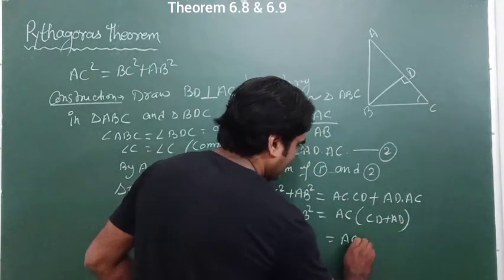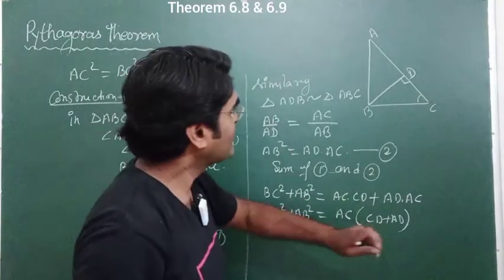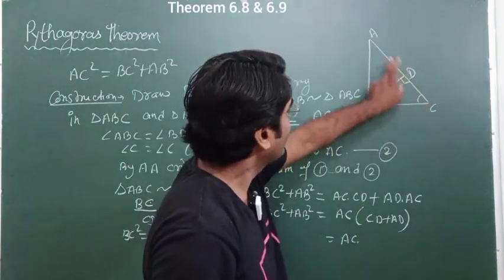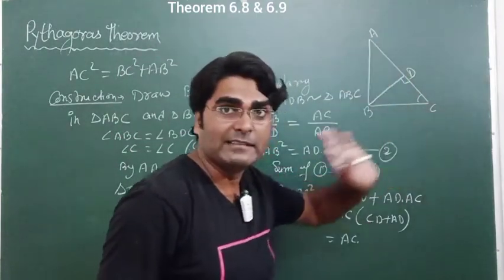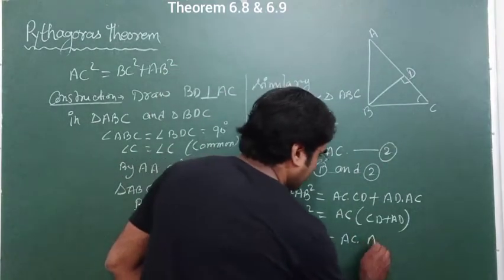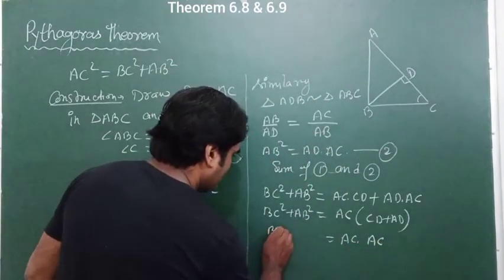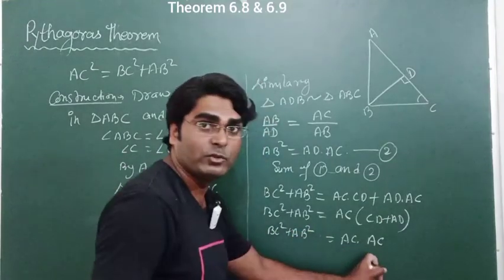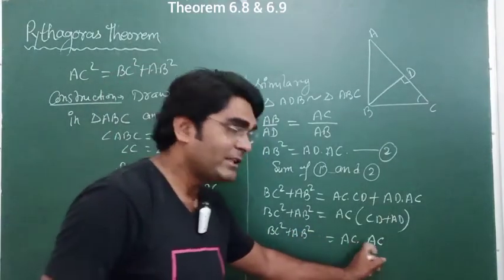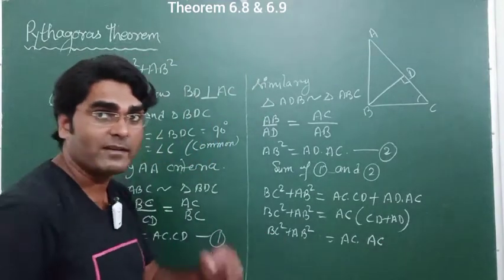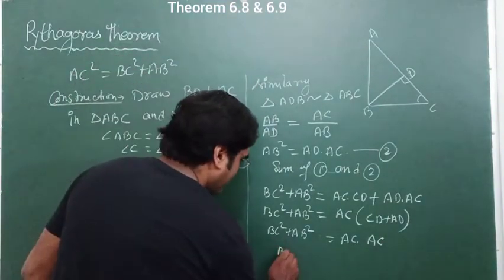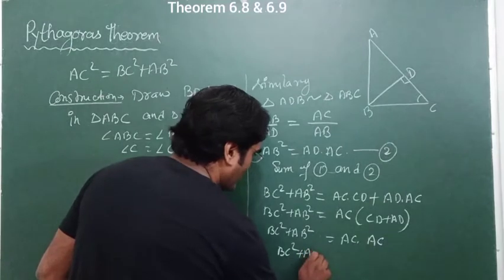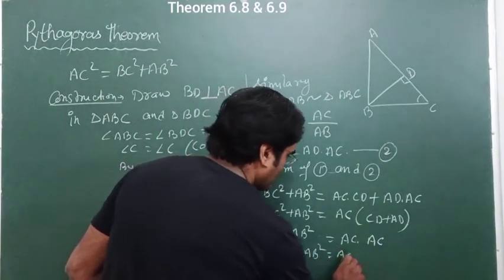CD plus AD will be AC. So BC square plus AB square is equal to what? AC into AC, this will be AC square. So BC square plus AB square is equal to AC square.